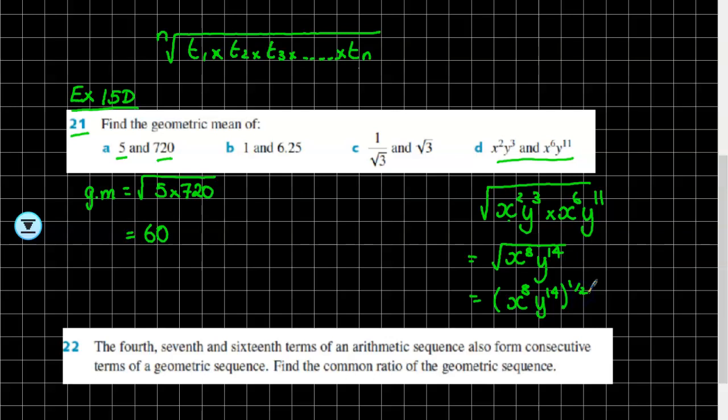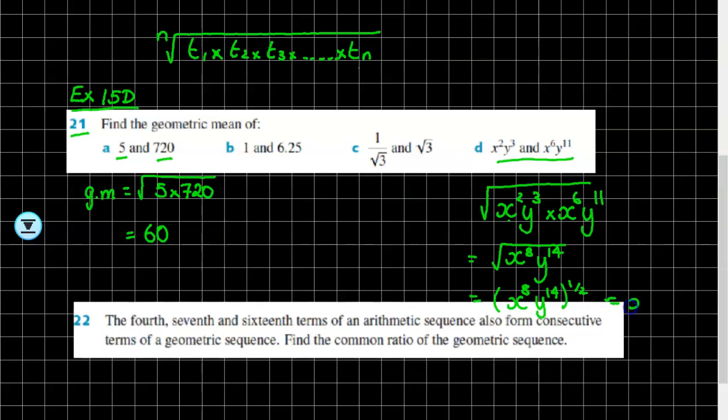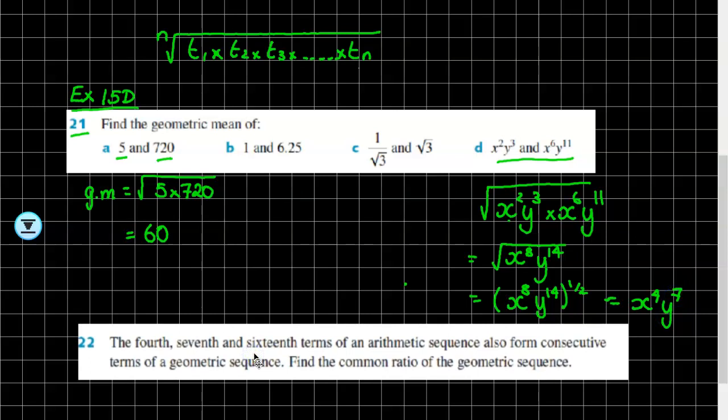Correct. So when we have a power to a power, we times them. So it would actually end up being x to the 4, y to the 7. We're good with that?